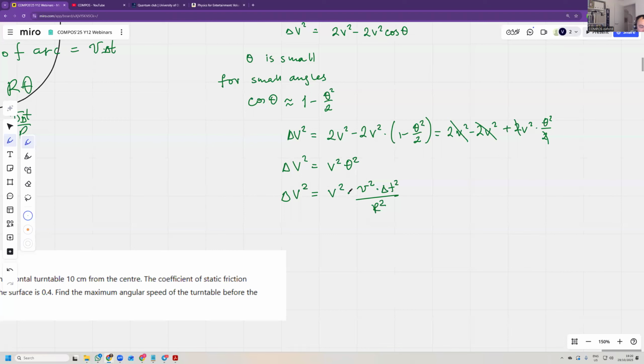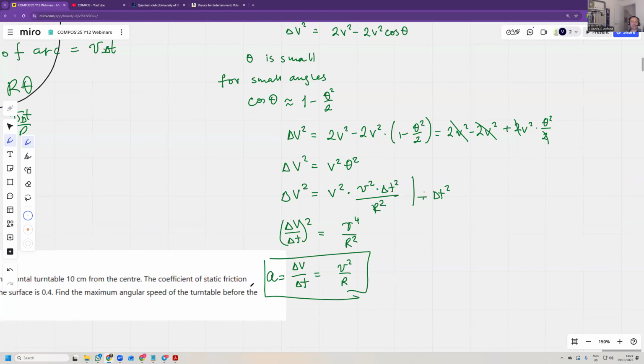And now we can divide both sides by delta t squared. Delta v divided by delta t squared is equal to v to the power 4 over r squared. Square root both sides. Delta v divided by delta t is v squared over r, which is also known as the acceleration.